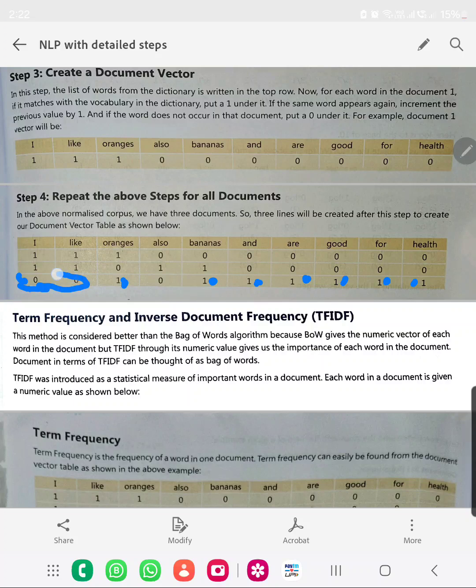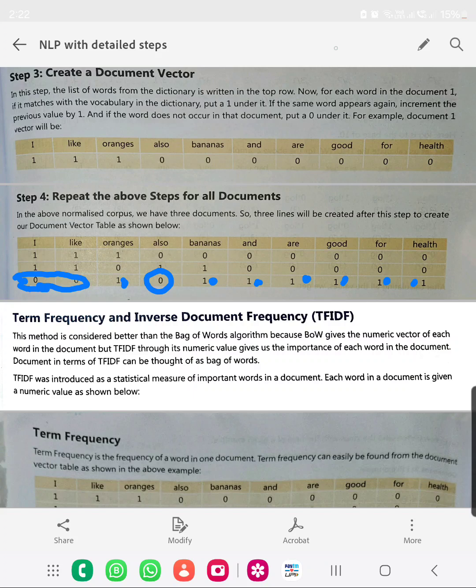So those words which are not used are 0. I is not used, like is not used, also is not used, and the rest are all 1 in frequency. So this is called document frequency. This is the bag of words, which is telling I is used 1 time in document 1, and like is used 1 time in the document.